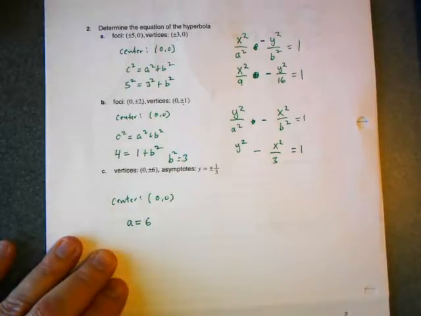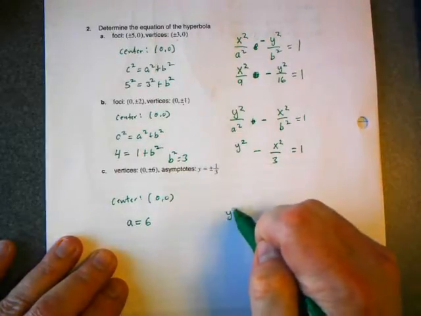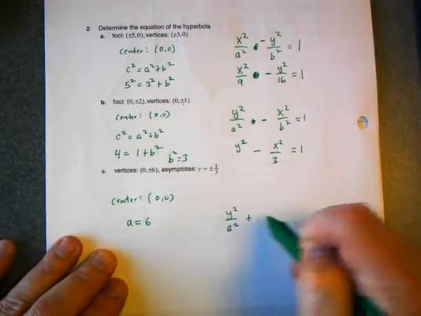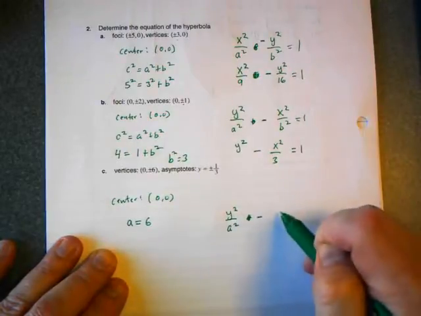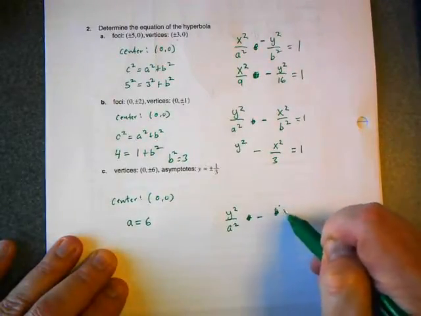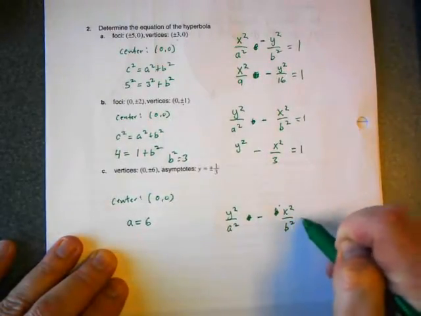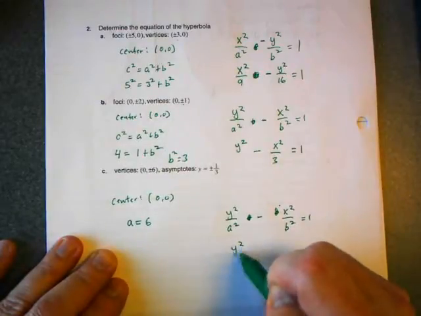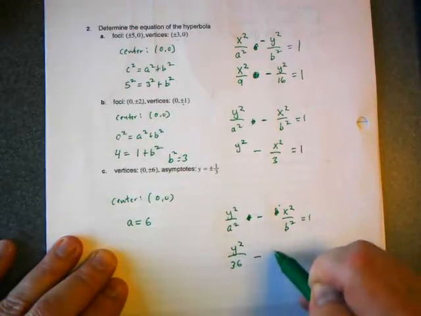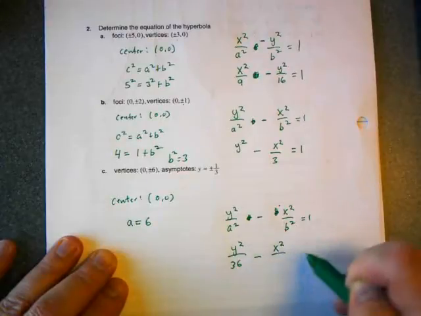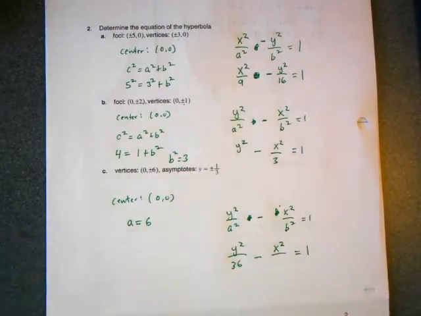Up or down, left or right? Up and down, so it's y squared over a squared minus, I have a plus again, x squared over b squared is 1. So y squared over 36 minus x squared over something equals 1.